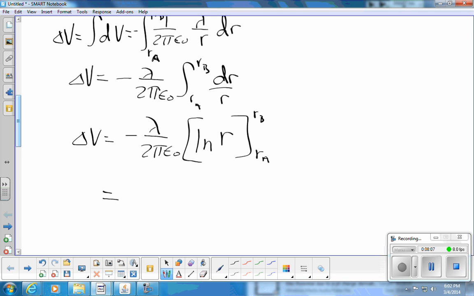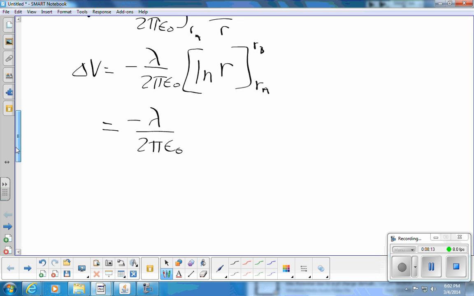So that is going to be negative lambda. This is all pretty straightforward stuff at this point, I believe. There's just one interesting thing at the end, so let's press forward. Natural log of rB minus natural log of rA. I'm going to write that as natural log of the quantity rB over rA, using the identity that natural log of B minus natural log of A is natural log of the quotient B over A. And I have this minus sign out here.